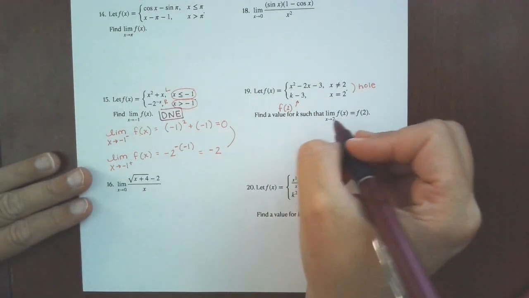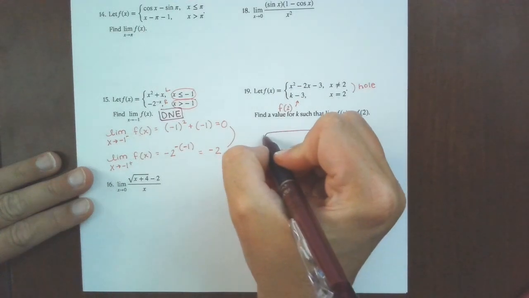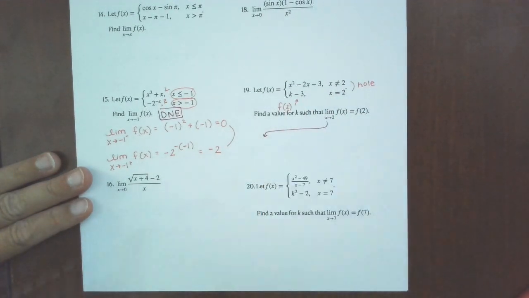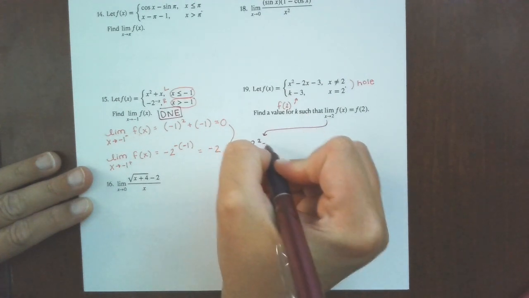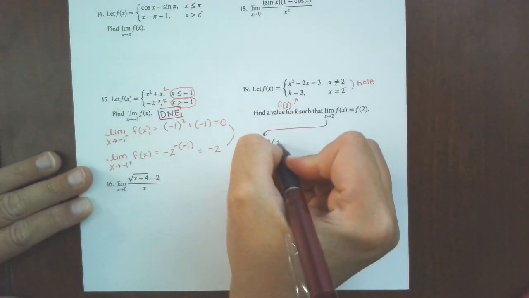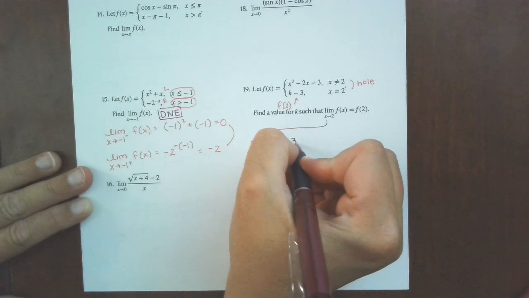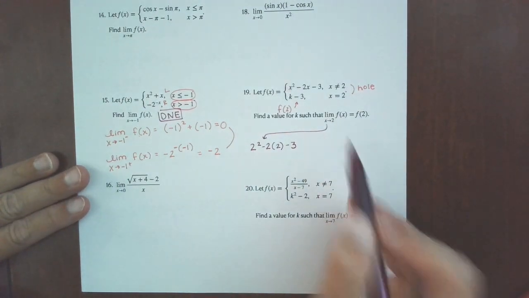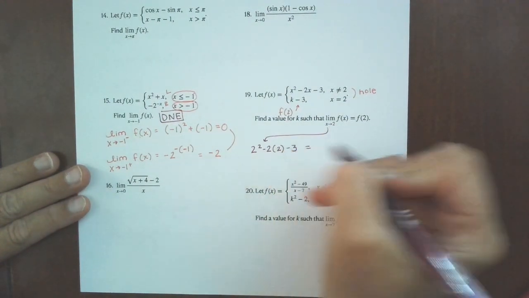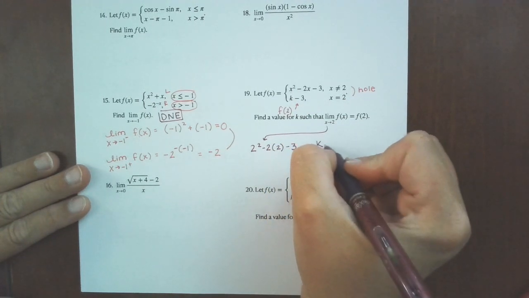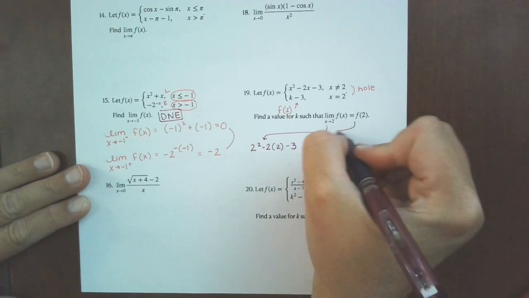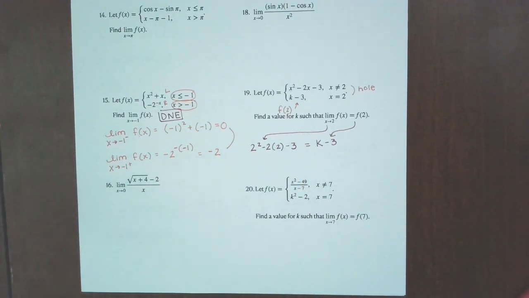Okay, so this limit right here can be calculated by just plugging 2 into this function. So I'm going to say, okay, let's do 2 squared minus 2 times 2 minus 3. And I want that to be equal to f of 2, which we already said is k minus 3. Okay, so that's f of 2.